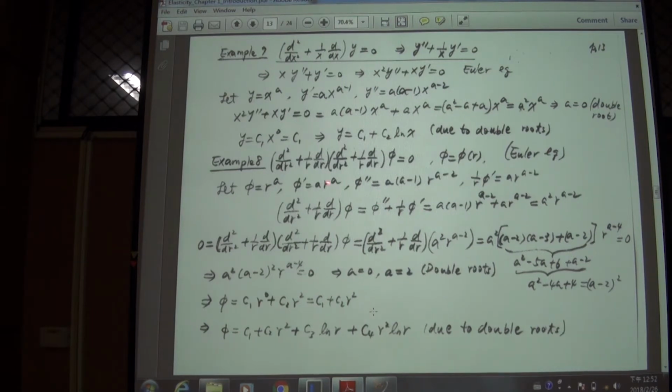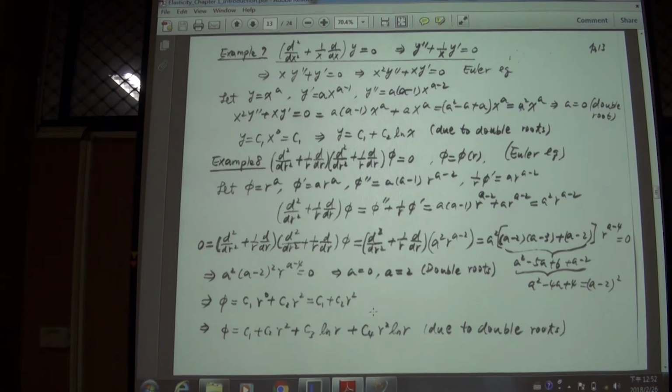And then we get one solution only, which is y equal to c1 times x^0, but it is only equal to 1. In order to get the general solution, we should add another supplementary solution, log x. See, this is a new thing.